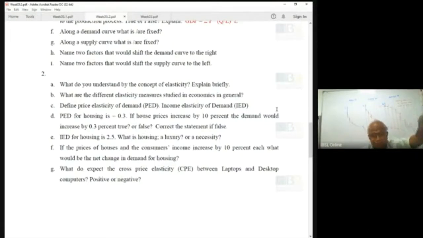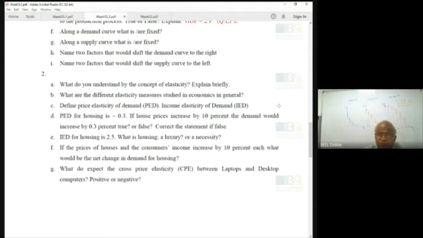Quantity demanded would decrease by 3%. The statement is false. How do you correct that? If house prices increase by 10%, the demand would decrease by 3%. That's how we correct the statement. This statement is false, but you can correct that. Right? 3%. Remember, 0.3 only for 1%. For 10%, 0.3 into 10, 3%. Right.